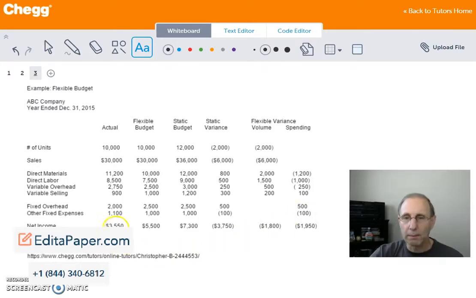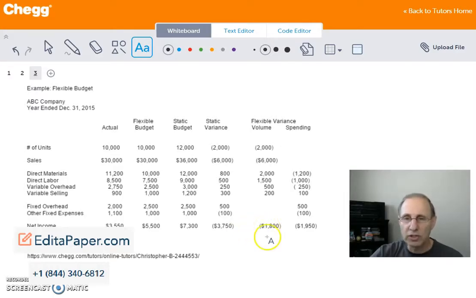So looking at the bottom line, in comparing our actual net income of $3,550 to our static or original budget projected at $7,300, we were unfavorable by $3,750. But the causal factors for that are twofold.